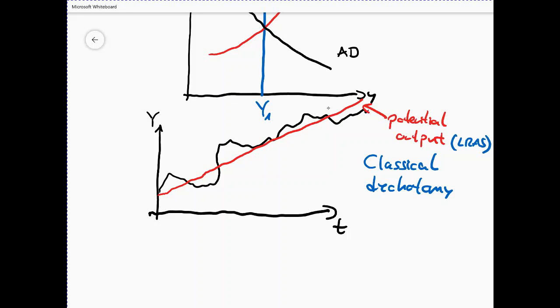In the short run, however, they are not. So actually there will be fluctuations along this long-run aggregate supply. And these fluctuations are going to be represented by changes in the AD or the SRAS.